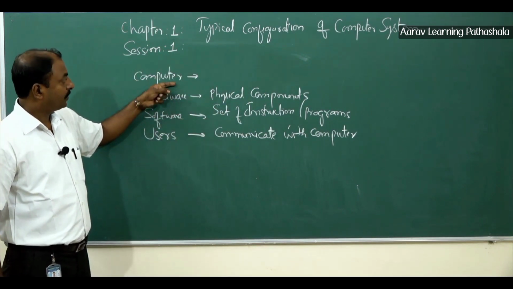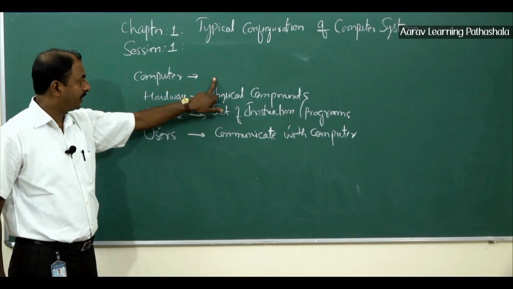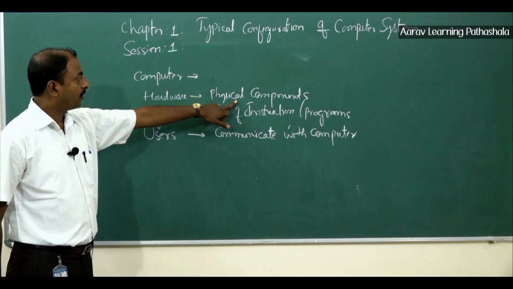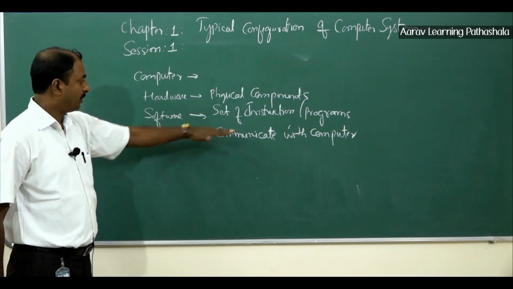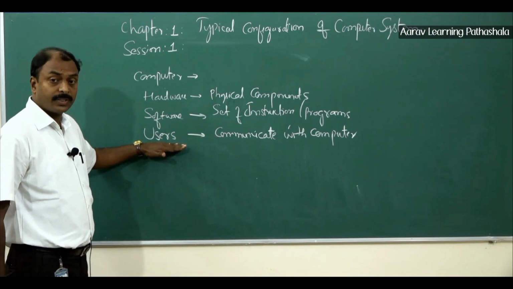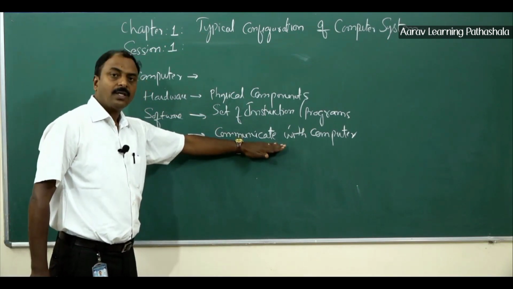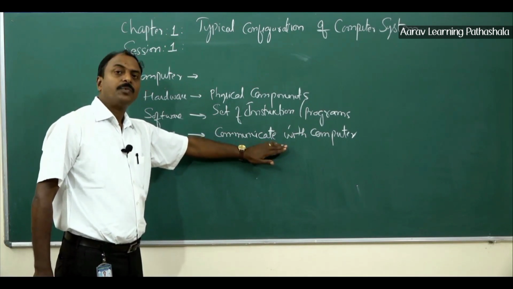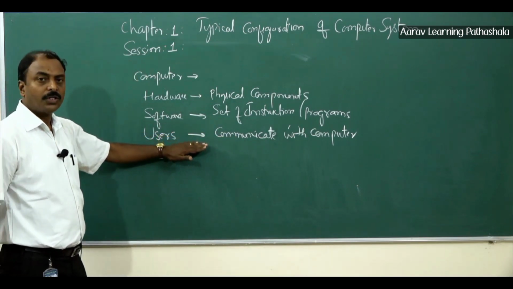Along with the definition of computer, an electronic device that performs calculations based on instructions given, hardware is the physical components or parts of computer. Software is a set of instructions or programs. And users are the ones who use the computer, the programmers, for communication. So one who communicates with the computer system is called a user.